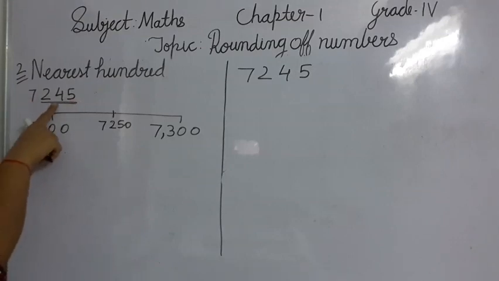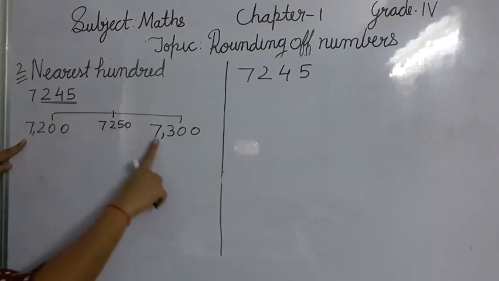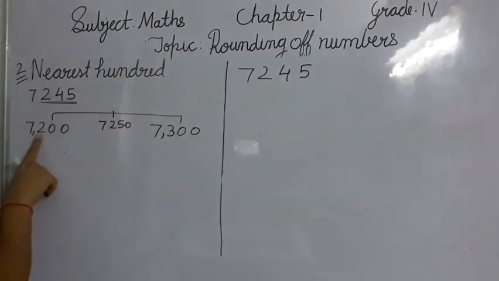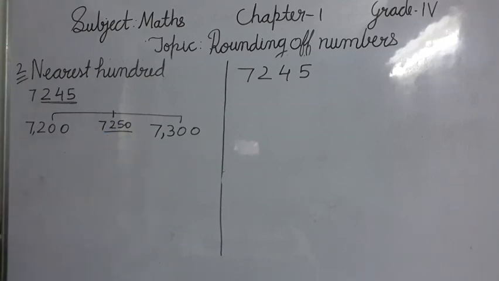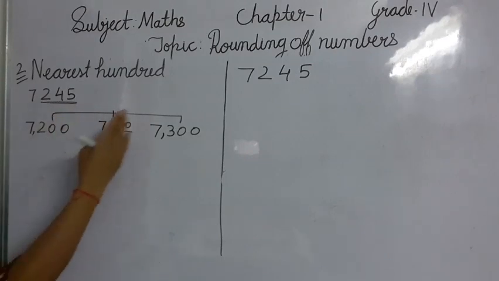7245. So 7245 lies between 7200 and 7300. And what will be the middle number between these? 7250. So now we have to see where 7245 will come, before 50 or after 50.